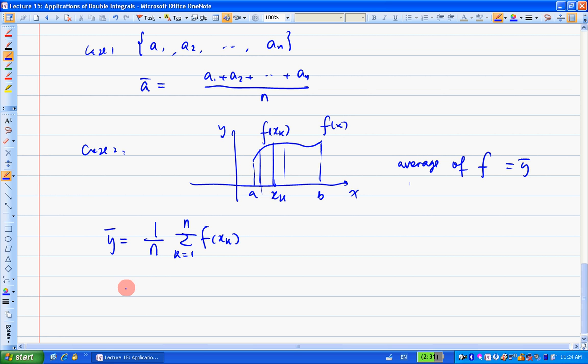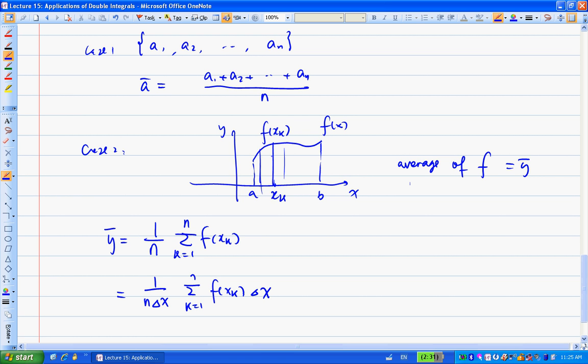I'm not going to change anything otherwise. If I multiply by delta x at the bottom, I also need to multiply by a delta x over here, right? So this delta x will cancel this delta x. Nothing will change.